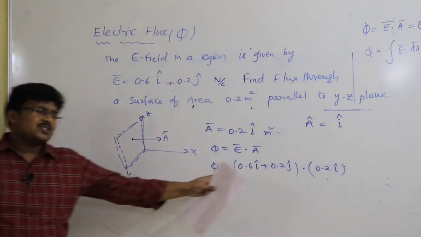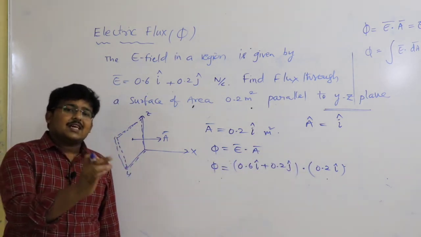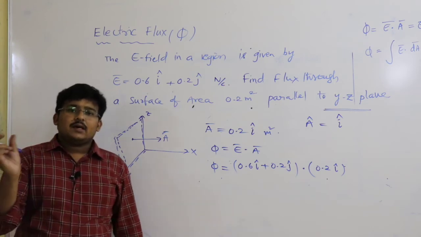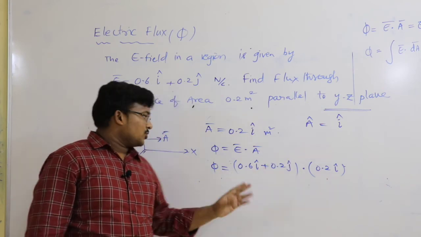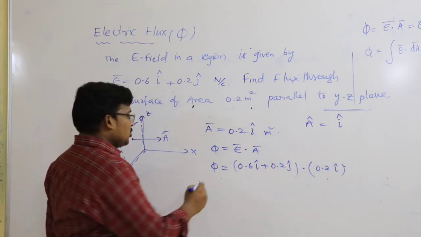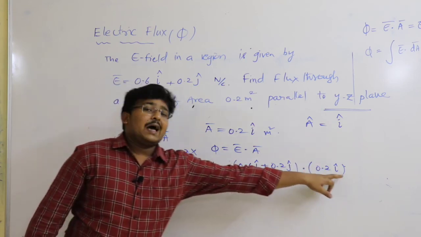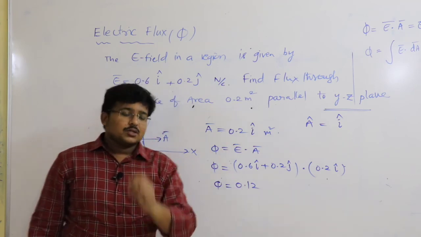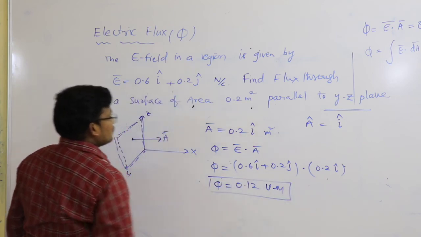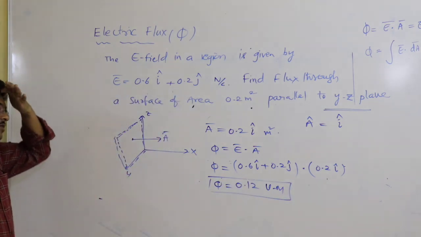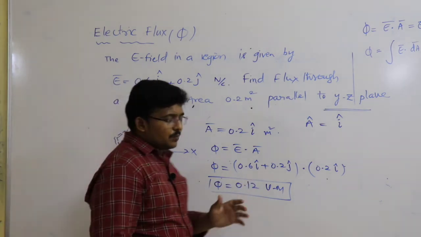The dot product is taken between the same components I, J, K. Here we have I and I, so multiply: 0.6 into 0.2 is 0.12. And J bar dot I bar is 0. So the flux will be 0.12 volt meter, or Newton per Coulomb meter.